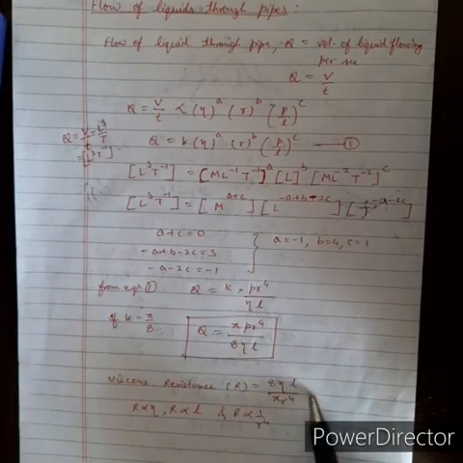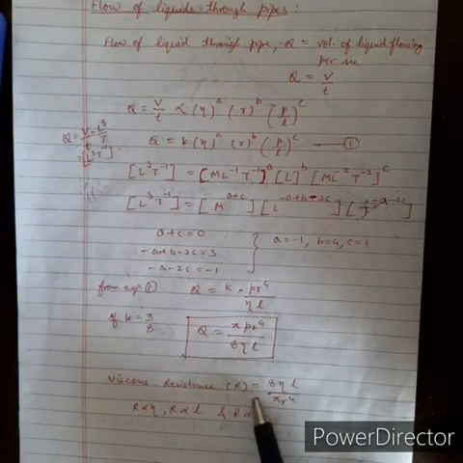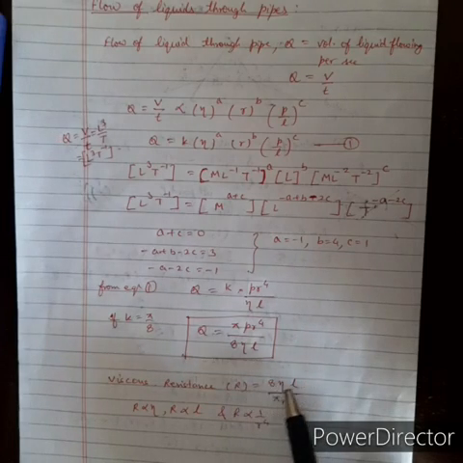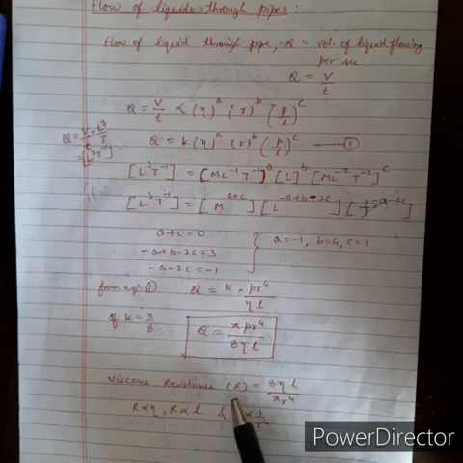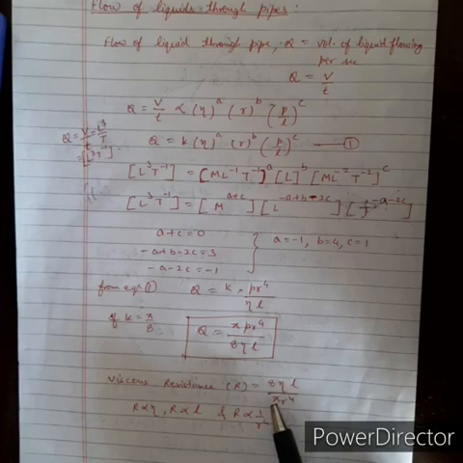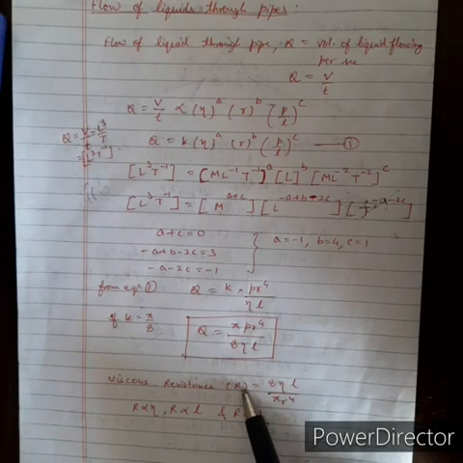If you compare this, you will find viscous resistance is directly proportional to the viscosity of the liquid, R is directly proportional to L, and R is inversely proportional to the fourth power of the radius. That means if you increase the length of the pipe, the viscous resistance will increase.